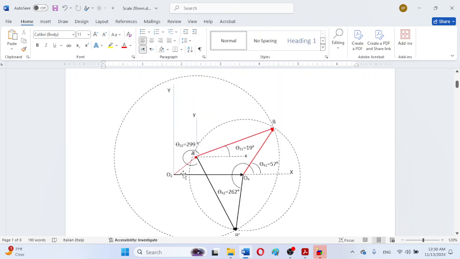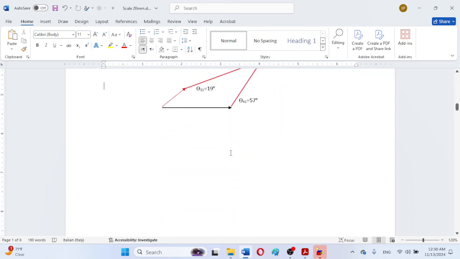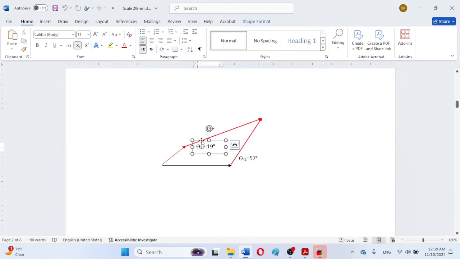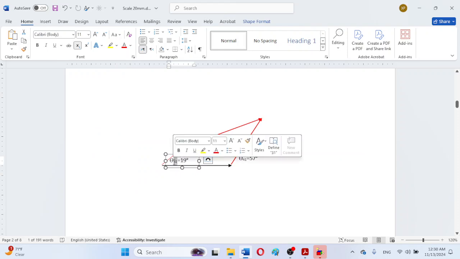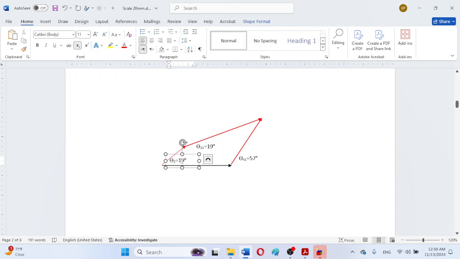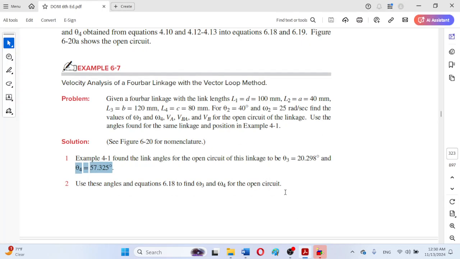It has not been shown here, but we can copy any label, for example this label, and paste it here, and then move it here, select it and type 2. So this theta 2 is, as shown in the problem, 40 degrees, as we can observe here that theta 2 is 40 degrees.